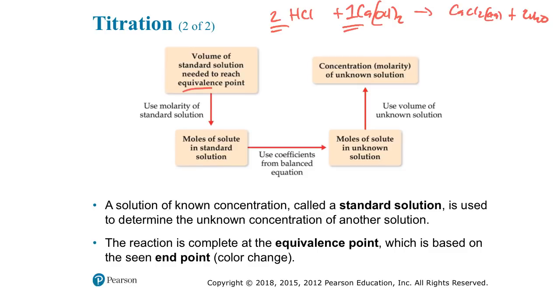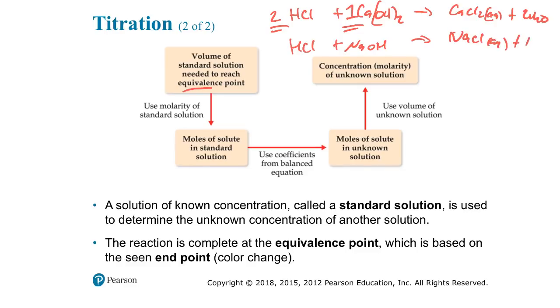We have to take into account that we only need to add 1 calcium hydroxide for every 2 HCl's present, whereas if we titrate with sodium hydroxide, we need to add 1 sodium hydroxide for every 1 HCl.